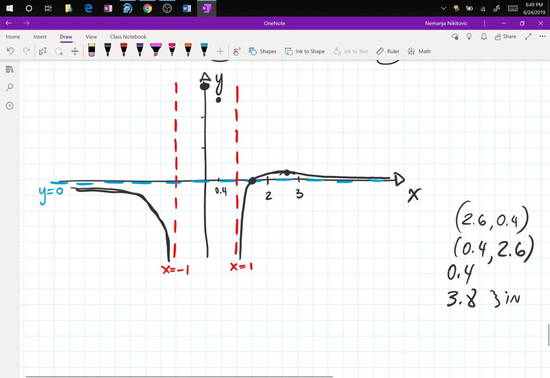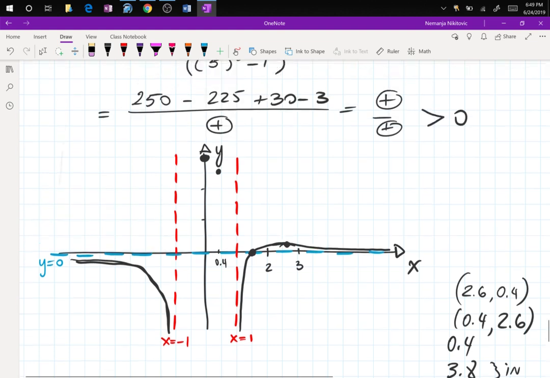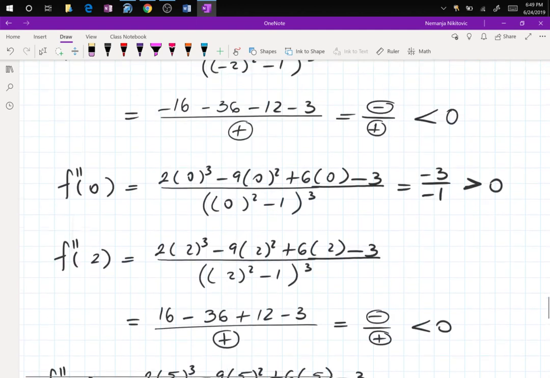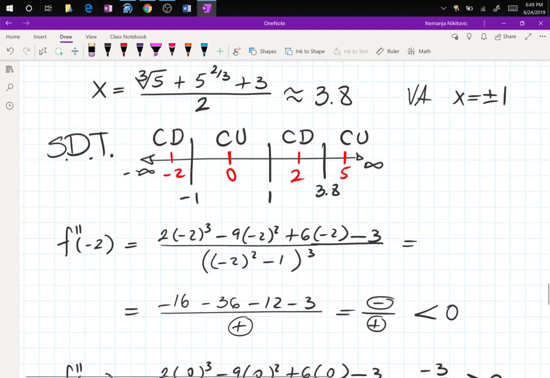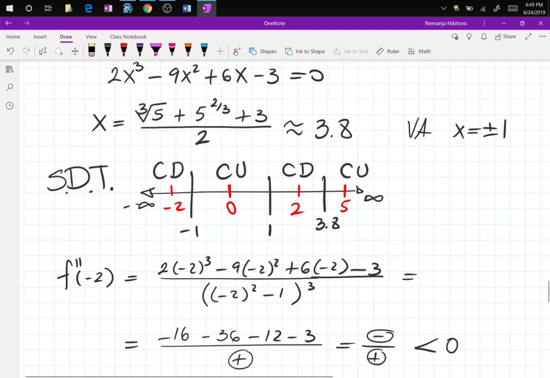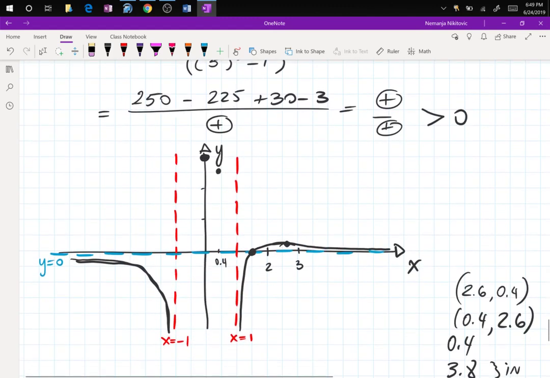And the only thing left for us to do is the middle part, right? For the middle part, between -1 and 1, we better have concave up. Yep, -1 to 1 is concave up. So I need to follow.